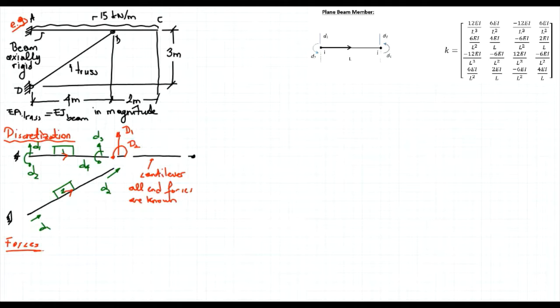I will not show the truss part because we don't have any force on the truss. That's the structure that I have. That's B, that's C, that's equal to no deformation. All degrees of freedom are equal to 0, no translation, no rotation at B.